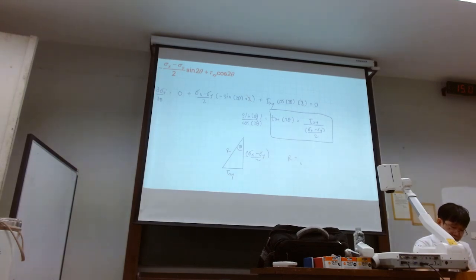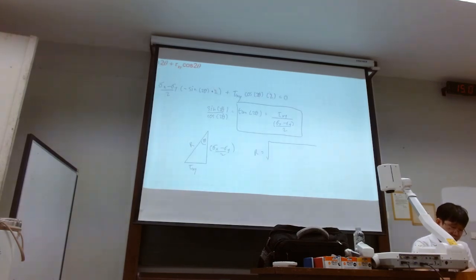The r itself would be the square root of sigma x minus sigma y over 2 squared plus tau xy squared. The 2 theta itself would be the 2 theta that will give you principal stress.